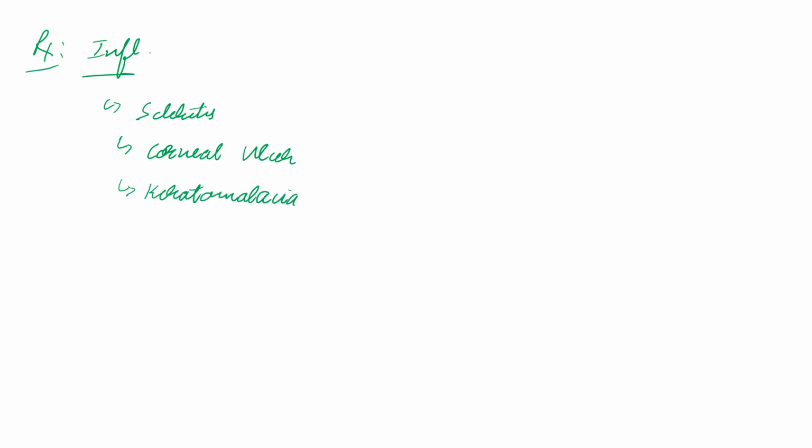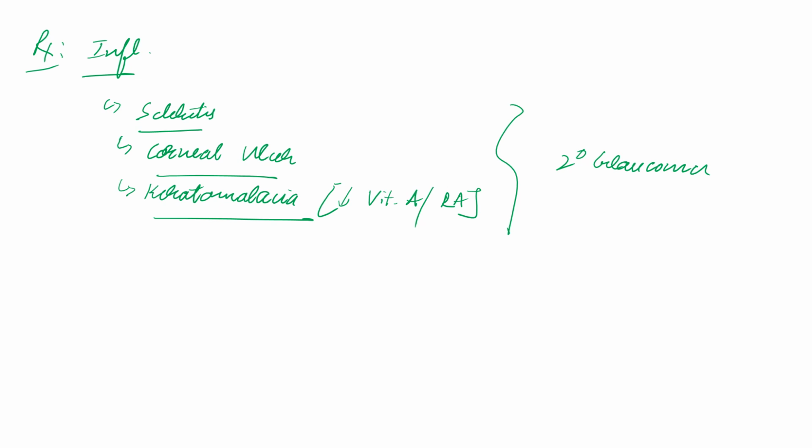This keratomalacia can be because of vitamin A deficiency or due to rheumatoid arthritis. All these conditions can lead to secondary glaucoma, which can eventually lead to the formation of staphyloma. So these conditions need to be managed appropriately to prevent the formation of staphyloma.